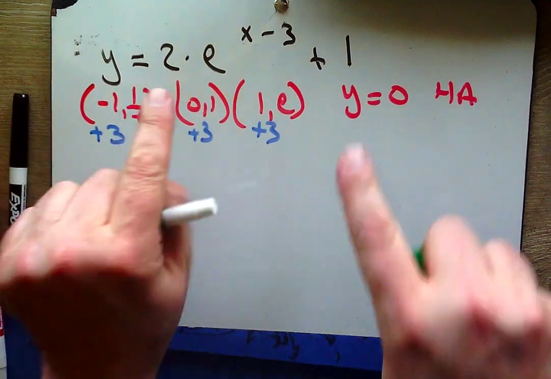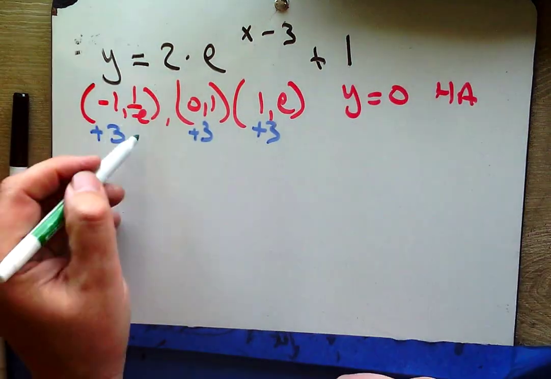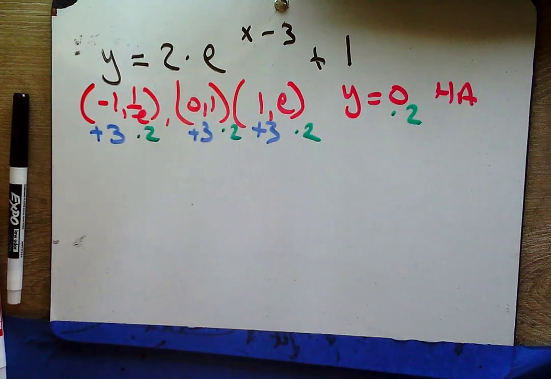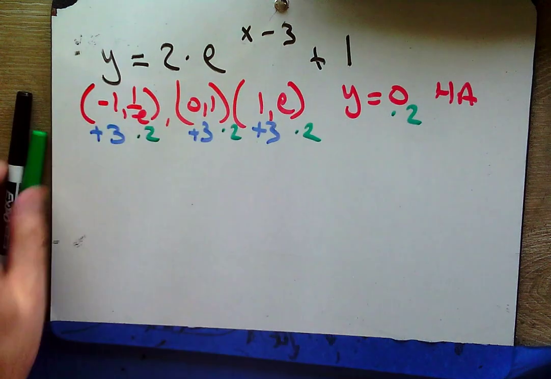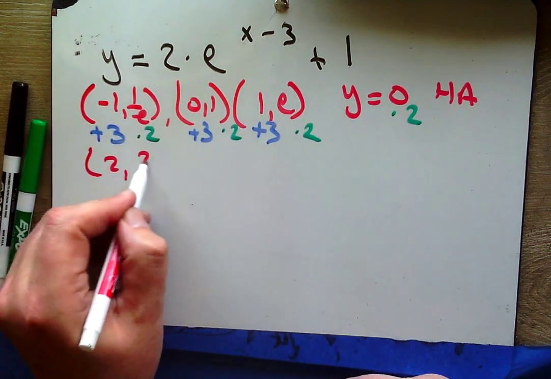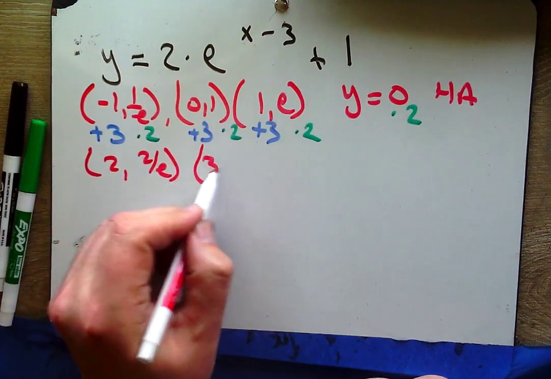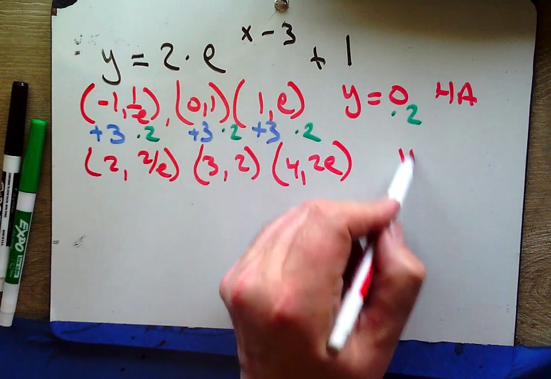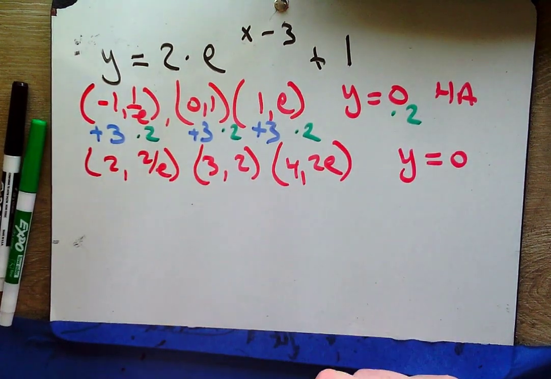With the y's, I remember I follow PEMDAS. I'm going to multiply all the y's by 2, including this one. So now I've got 2, 2 over e, 3, 2, 4, 2e. And y equals 0 still works there.